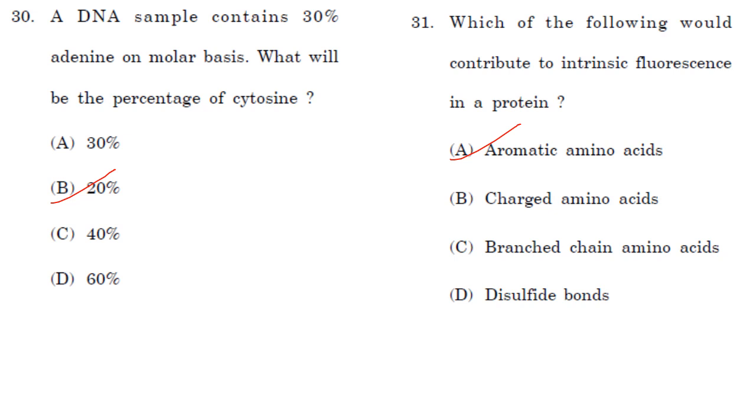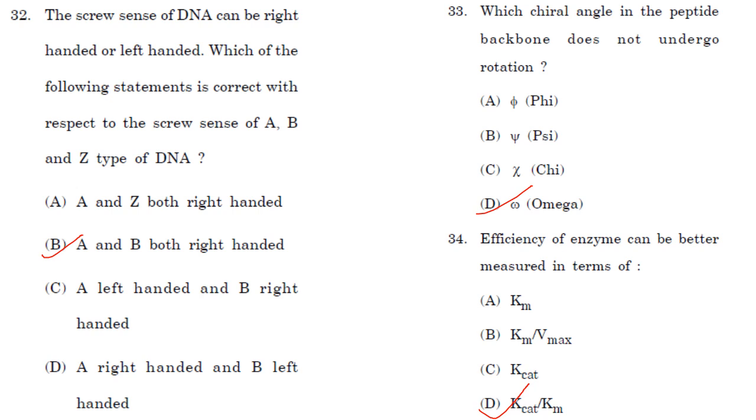Which of the following would contribute to intrinsic fluorescence in a protein? The intrinsic fluorescence of a protein is caused by 3 amino acids with aromatic side chains, that is phenylalanine, tyrosine and tryptophan. So the answer here is option A, aromatic amino acids. Then next one.